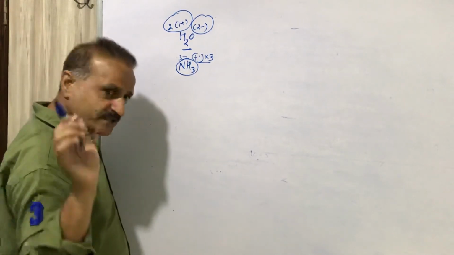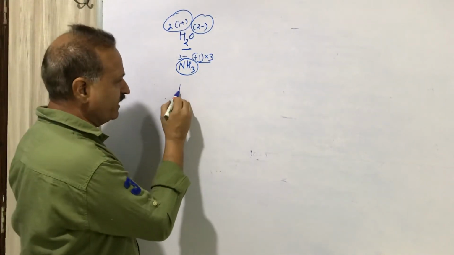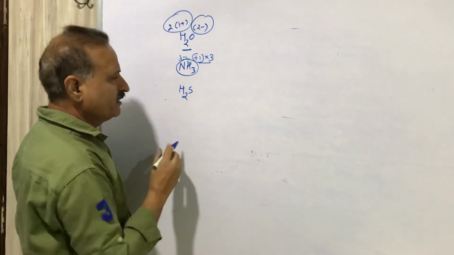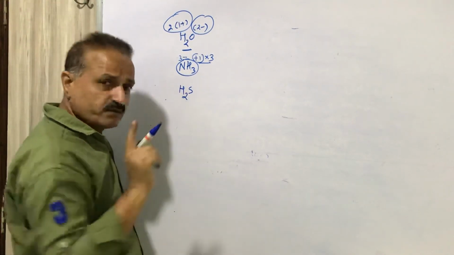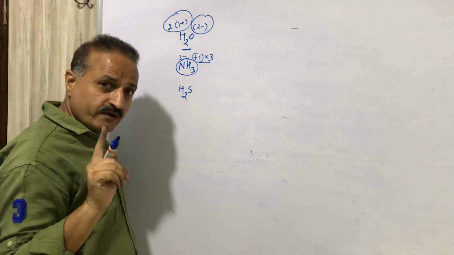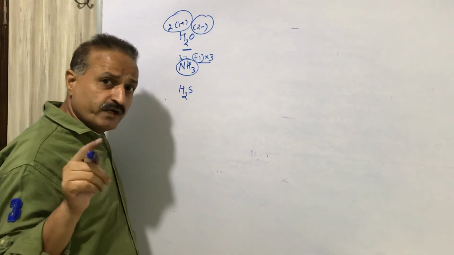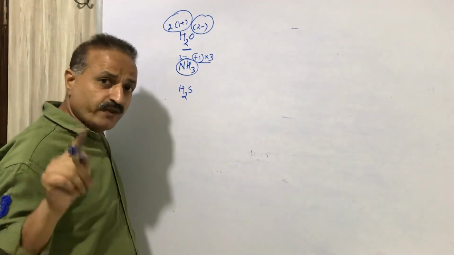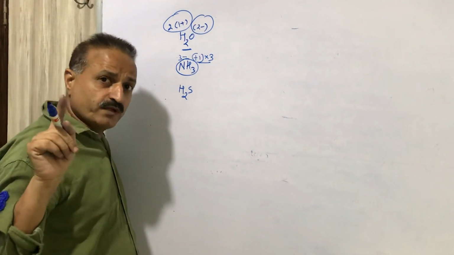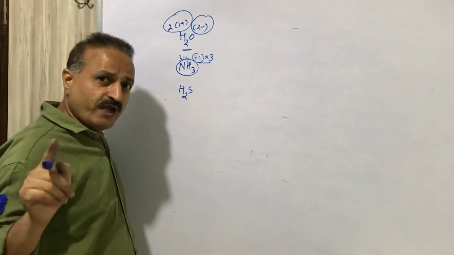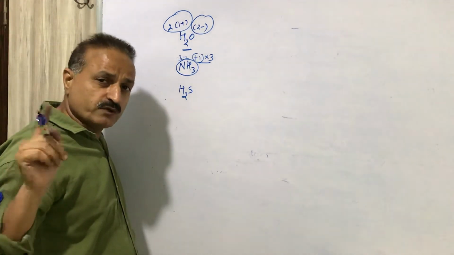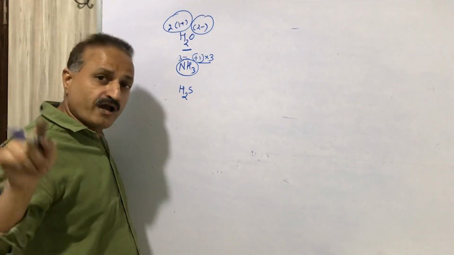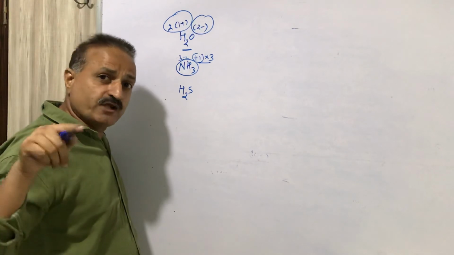For example, suppose we are taking H2S. Then what does S mean? Sulfur, and the nearest electronic configuration of sulfur among the noble gases is what? Argon. Sulfur has atomic number 16 and argon has atomic number 18. So sulfur will convert into argon. So sulfur will get 2 electrons.